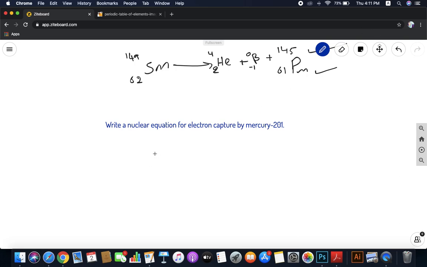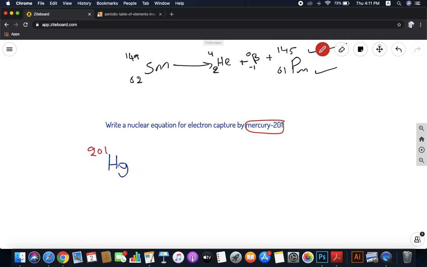Now mercury is Hg. Now the question gave you the isotope. This number, let me write it with another color. Now this number identifies the isotope. The isotope here is 201. So the atomic mass is 201. This number is the atomic mass.